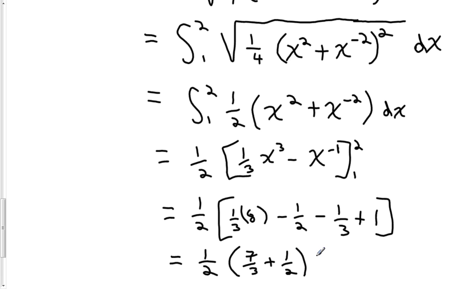And 7/3 plus 1/2. Well, let's see. The common denominator is 6. So this would be 14/6 plus 3/6, 17/6. 17/6 times 1/2 is 17/12. So there we found the arc length for that curve.